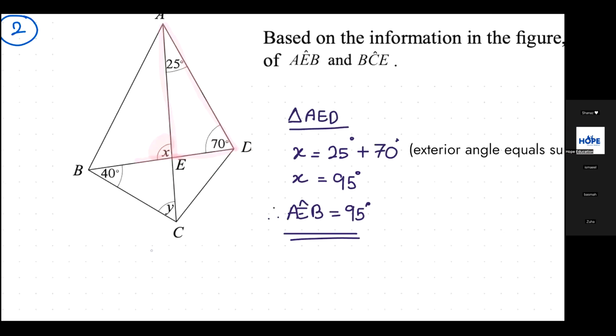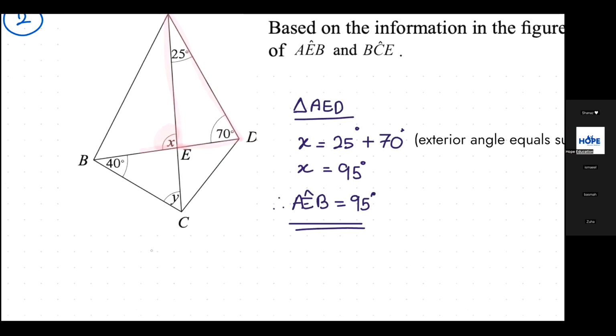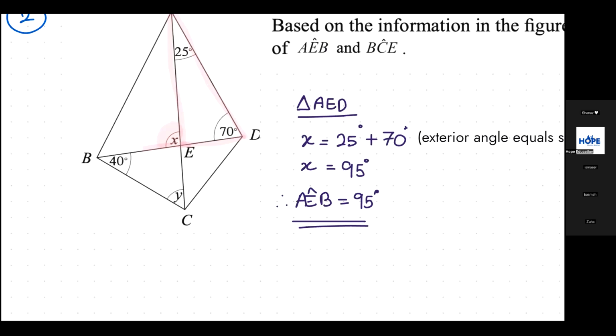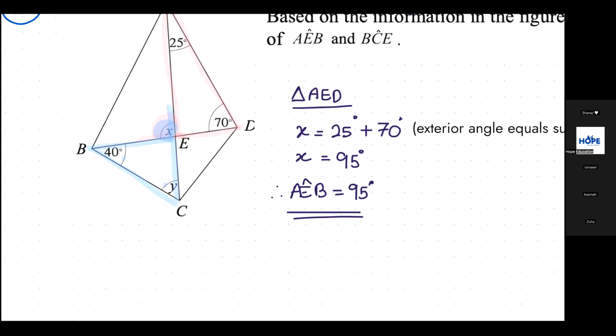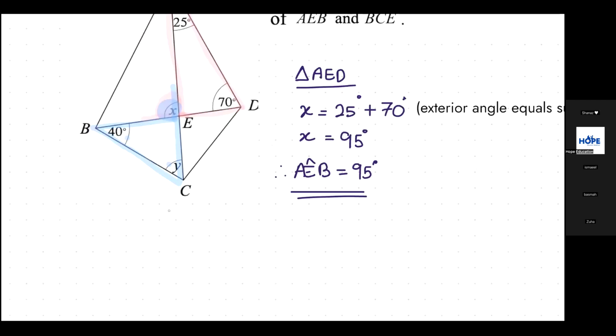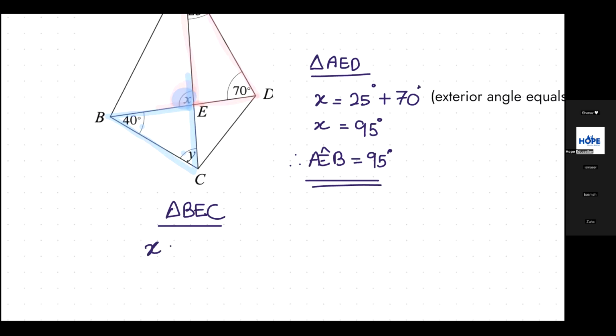Okay, then we have BCE. We know BCE is Y. If you consider the BEC triangle, we know X is an exterior angle and X is equal to 40 plus Y. Now we already know what X is.